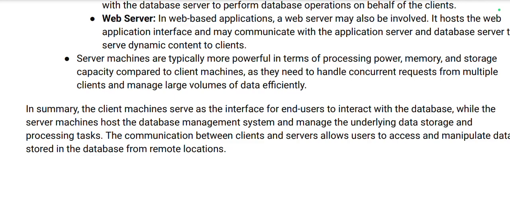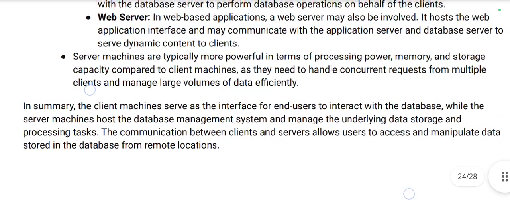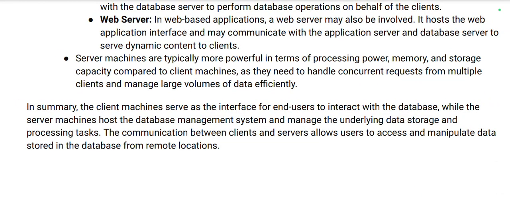The communication between client and server allows users to access and manipulate the data stored in the database from any remote location. Manipulate means querying data or updating data. This is done by client-server architecture.